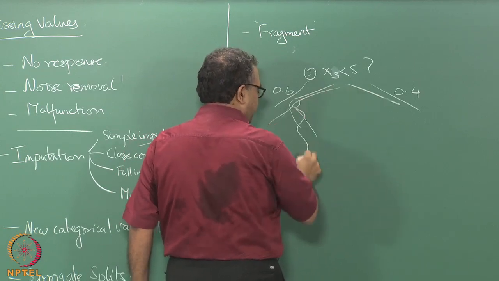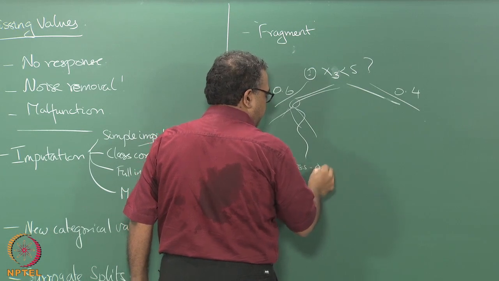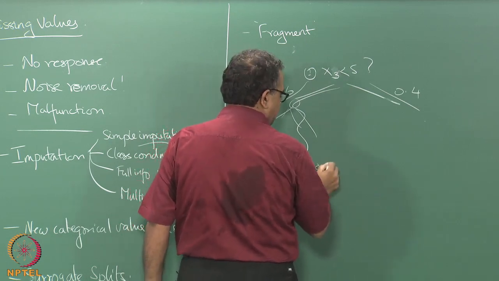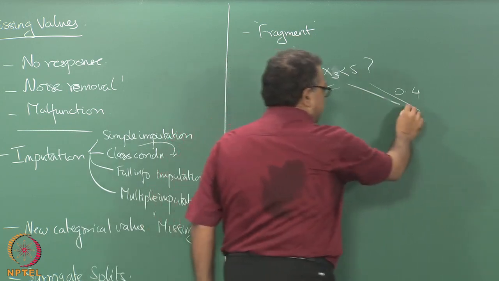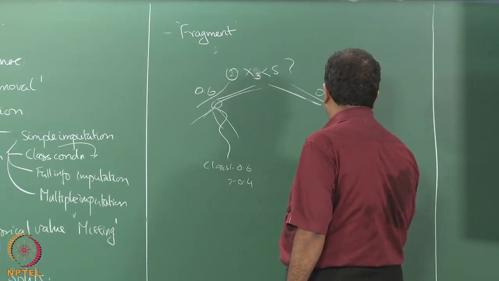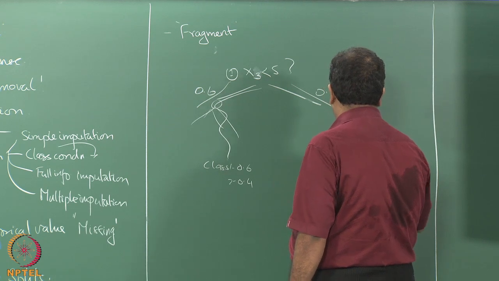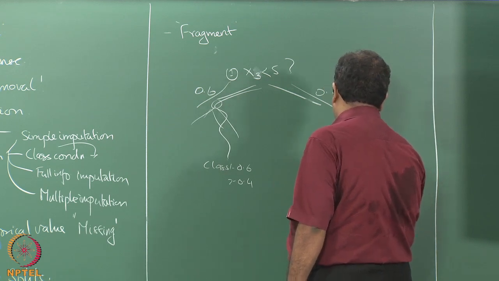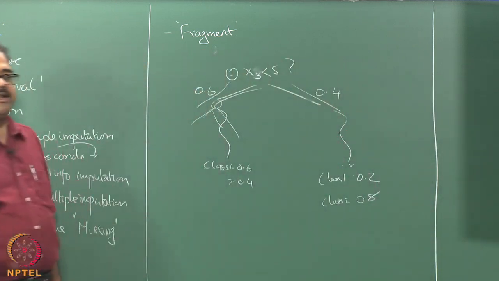So, let us say I go down, I finally reach here and I say it is class 1 with probability, I do not know, 0.6 and class 2 with probability 0.4, and this other one winds down somewhere and I say this is class 1 with probability 0.2 and class 2 with probability 0.8.